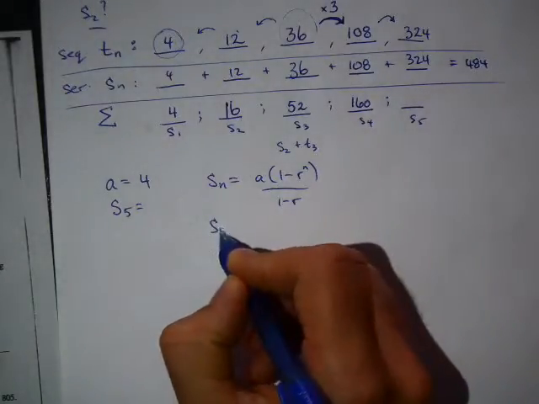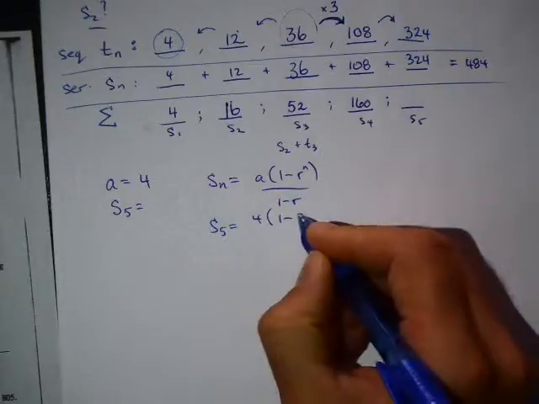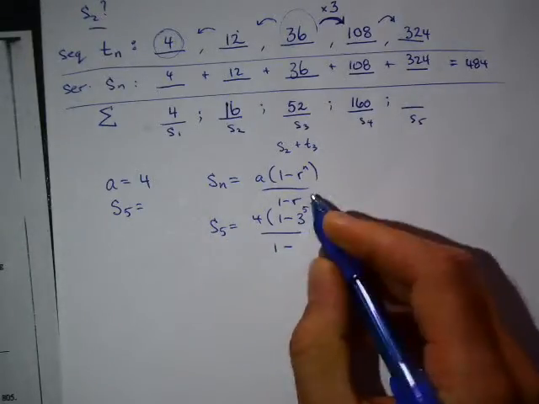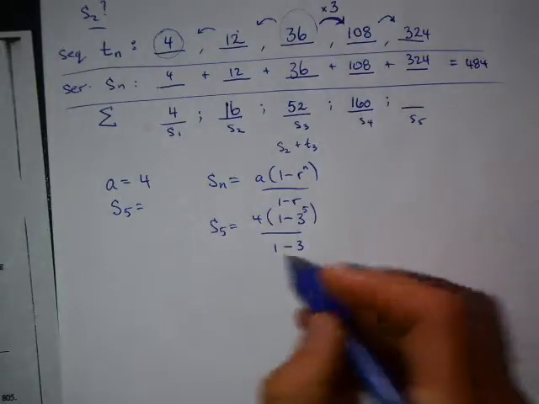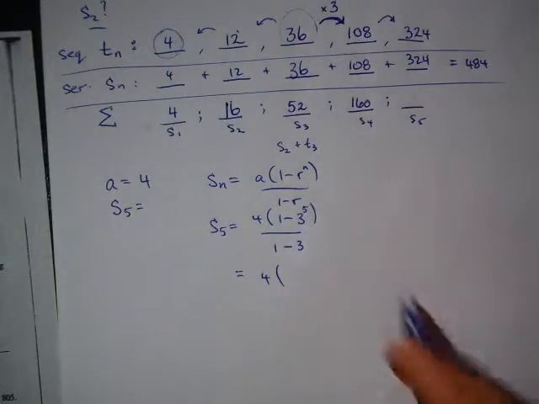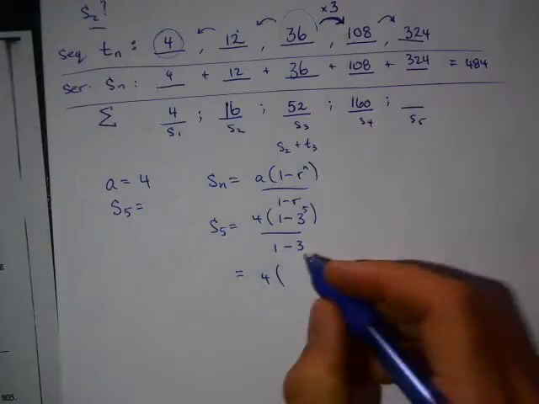So we're looking for S5. A we found was 4. R was 3 to the power of 5 spots. 1 take away 3. So we've got 4, 3 to the power of 5. I don't know if I can do that in my head. 3, 9, 27, 81, 243.